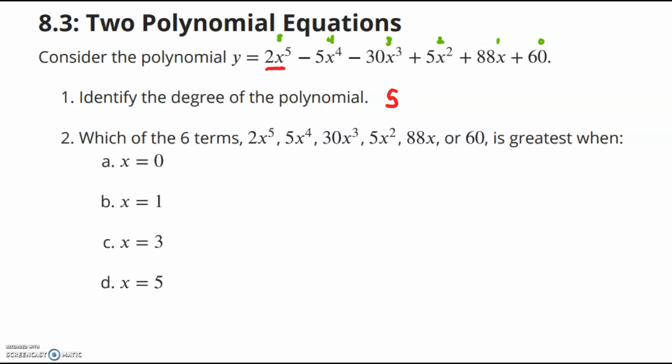Okay, next what we're asked to do is determine which one of these terms, we have 6 terms here, is greatest whenever x is one of these values. And we start with an x value of 0. So to do that, we're going to plug in 0 for each of these.